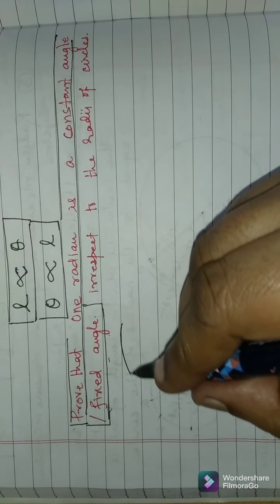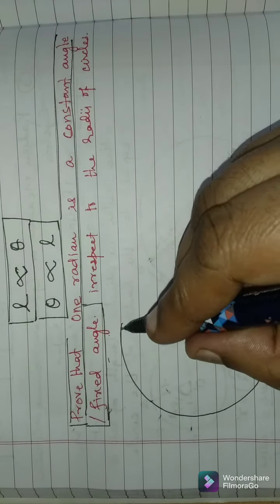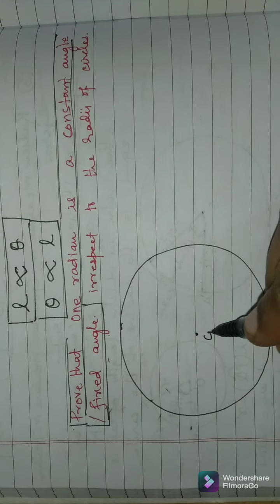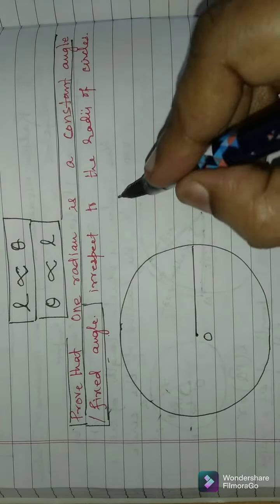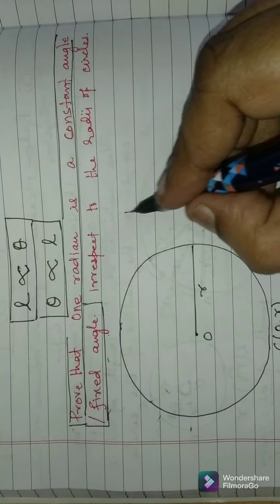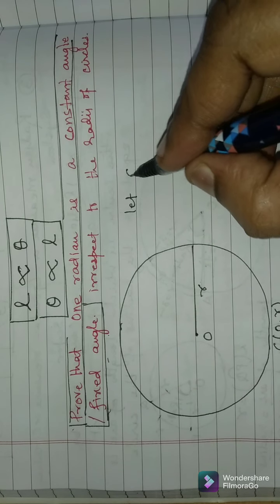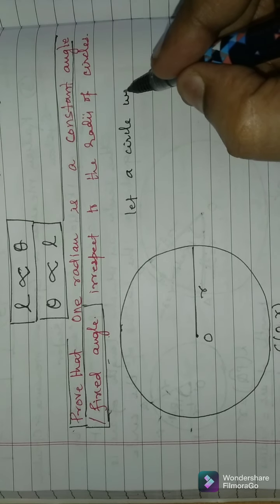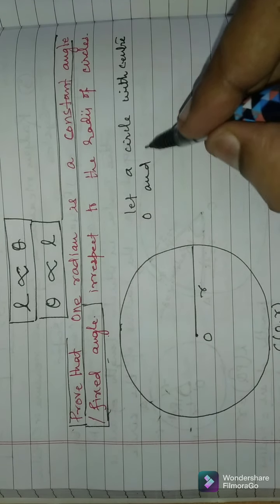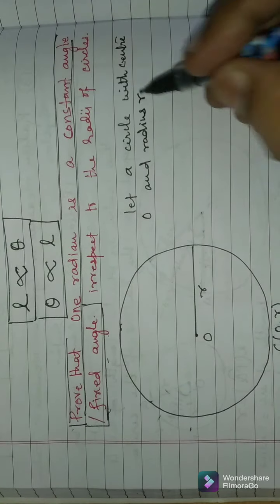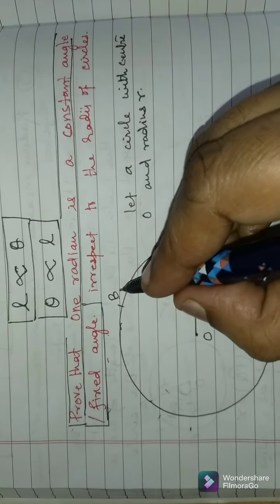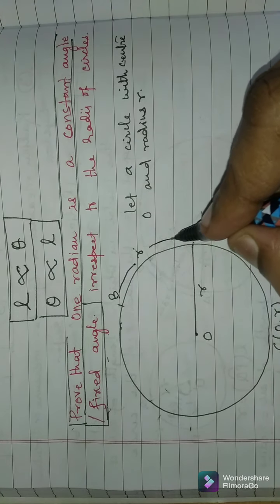Suppose I have taken a circle, okay, and the center I am taking O. Let a circle with center O and radius R, and drawing an arc AB whose length is equal to the radius.